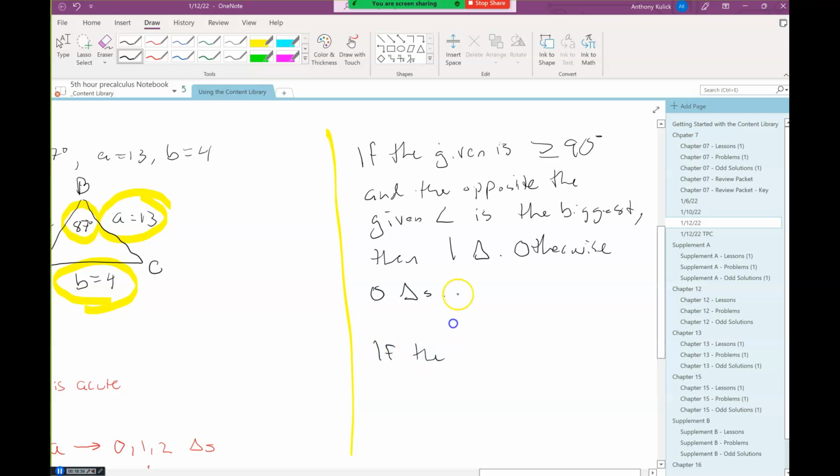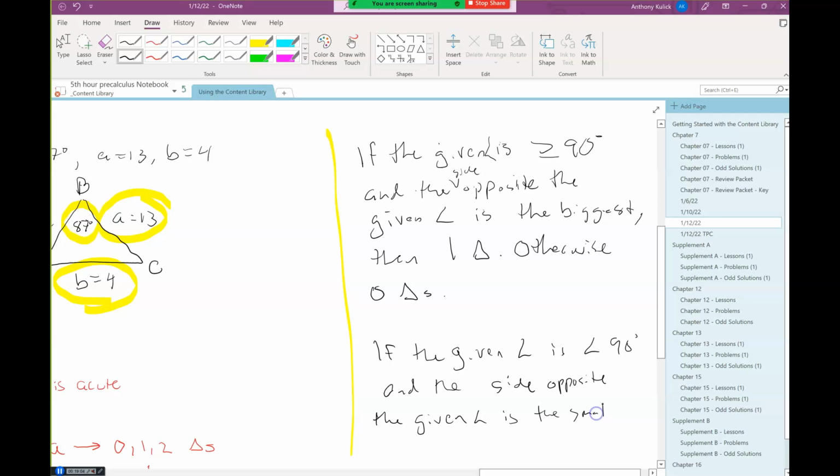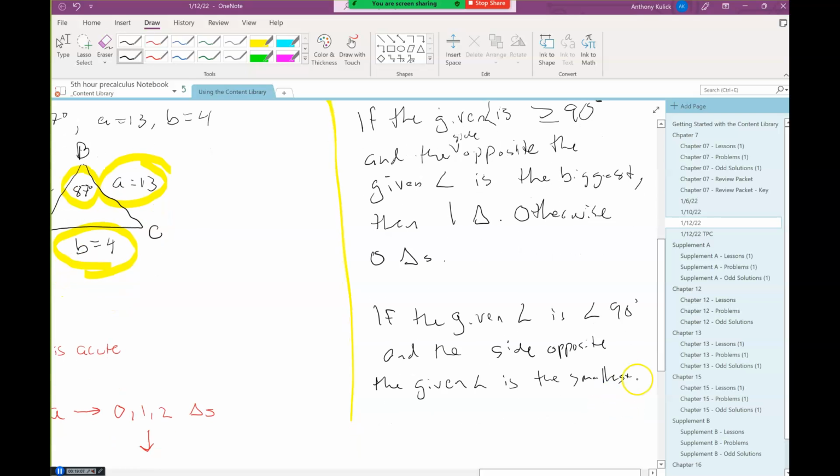Then we say if the given angle is acute and the side, missed that there, the side opposite the given angle is the smallest, then that's the 0, 1, or 2 triangles.